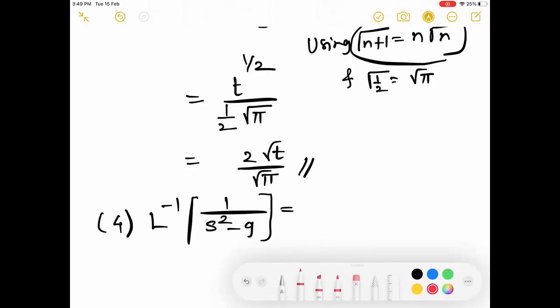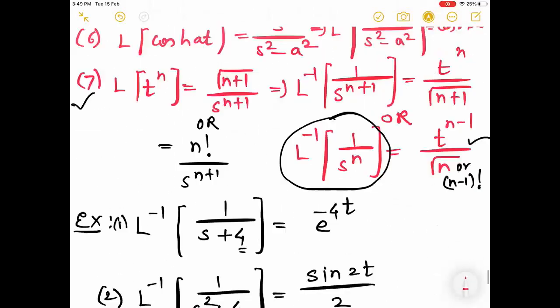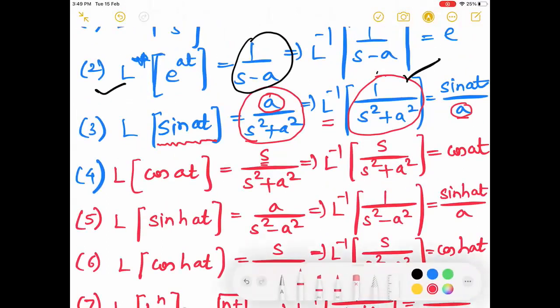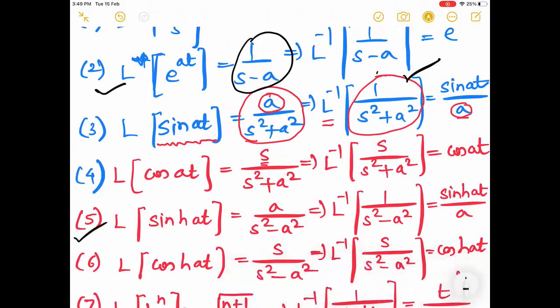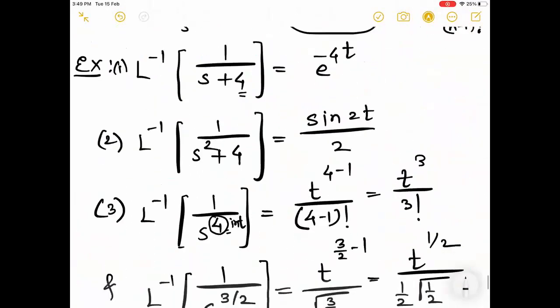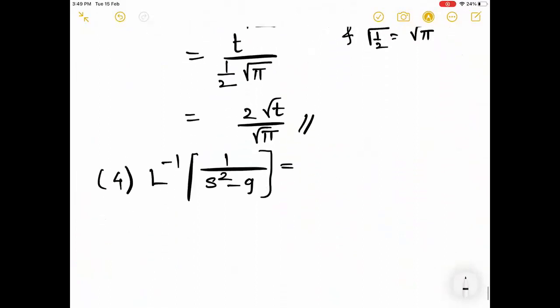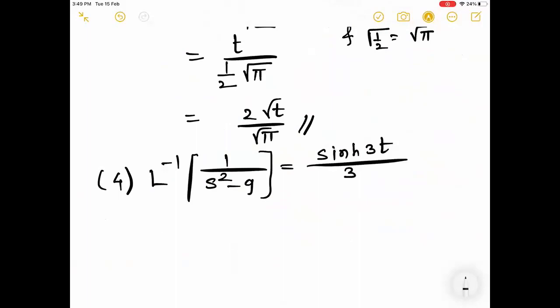Correct. It is the formula for the sine hyperbolic function. This one we have done, the fifth one. And a is again 3. So you are getting the answer as sine hyperbolic 3t upon 3. That's it.